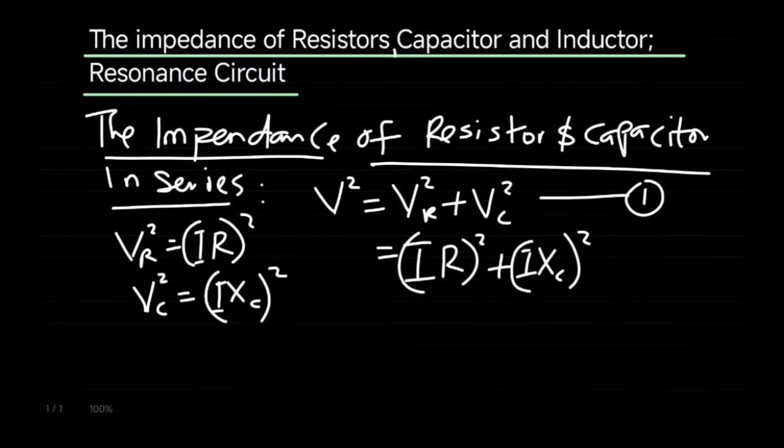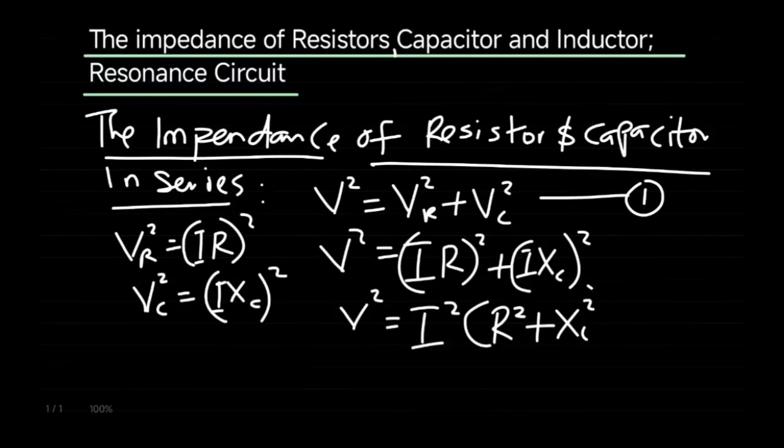So we are going to be opening up this guy. Remember, this will be V square. Therefore, V square, what's common? The current is common, which is I square, bracket open, R square plus XC square. Let's call this equation 3. So therefore, what are we going to do next?